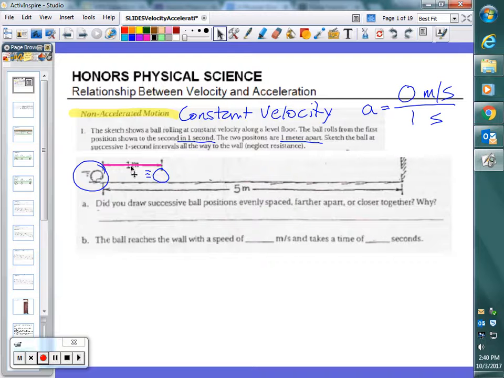So we can take this pink line and move it over here, and then draw the ball again, and it would be there. Right? In the next second, how far is it going to go? 1 meter. Right? So just as like kind of a ruler, I'm going to take this, I'm going to move it over here, and then I'm going to draw the ball right there. 1 second after that, how far is it going to go? 1 meter. Right?